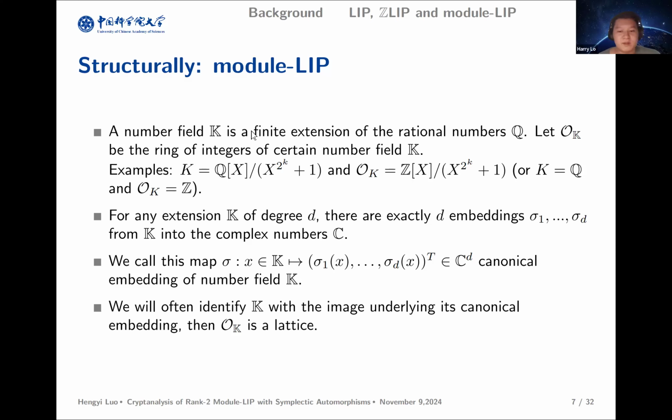A number field K is a finite extension of the rational numbers Q. Its ring of integers O_K is a lattice under the canonical embedding.